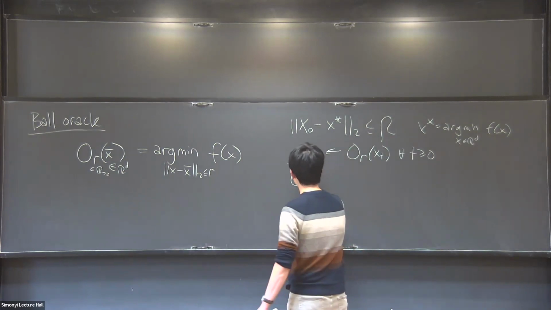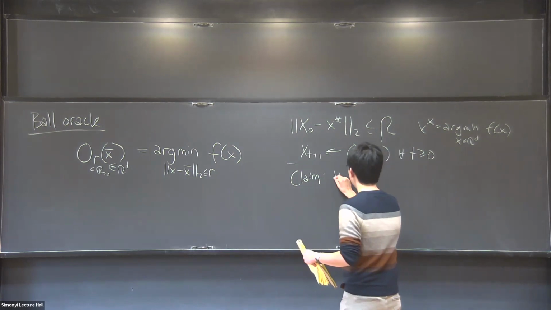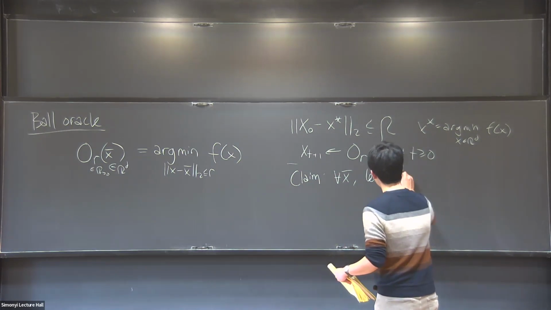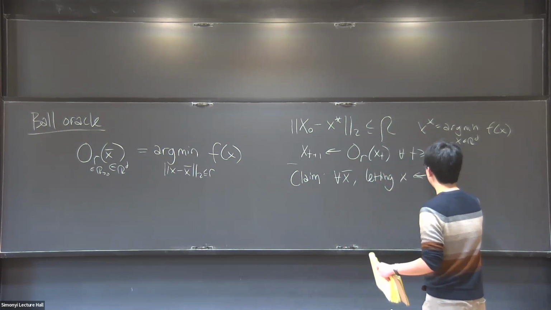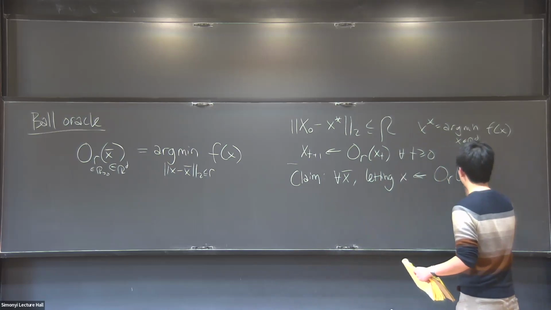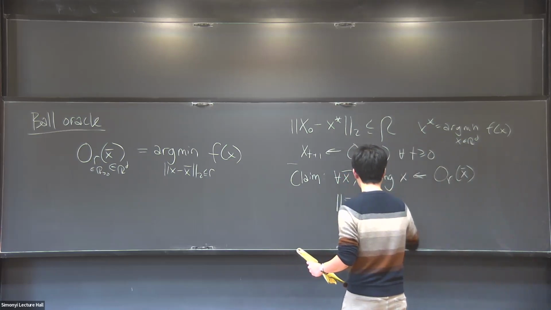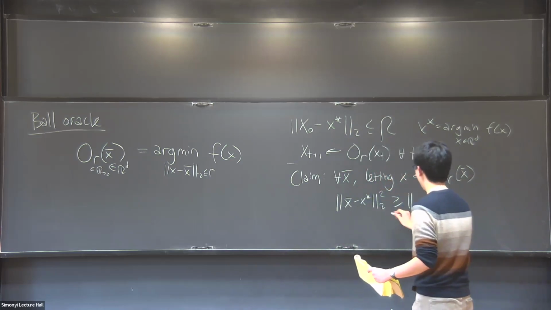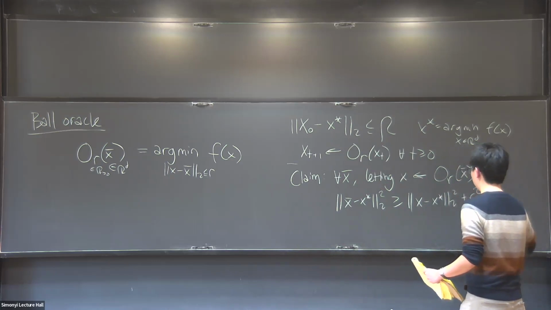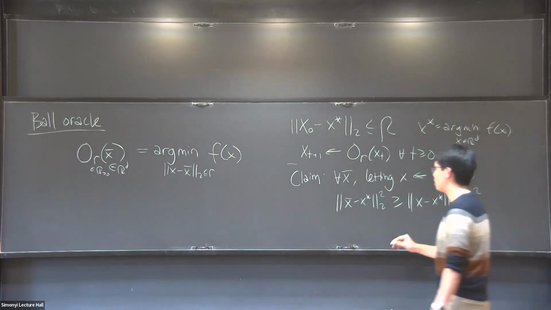Okay, so the claim is that for all x bar, letting x be the oracle around x bar, we have ||x bar minus x star||^2 is bigger than ||x minus x star||^2 plus little r squared.